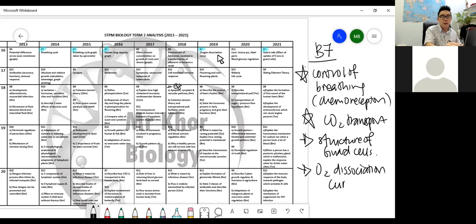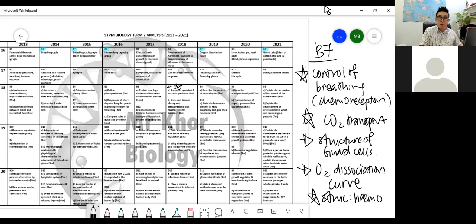Guys, please take note of this view. If you want to, you can also go through this. Very simple, guys. Structure of hemoglobin. So these are the few things that you have to pay more attention to before all the rest.